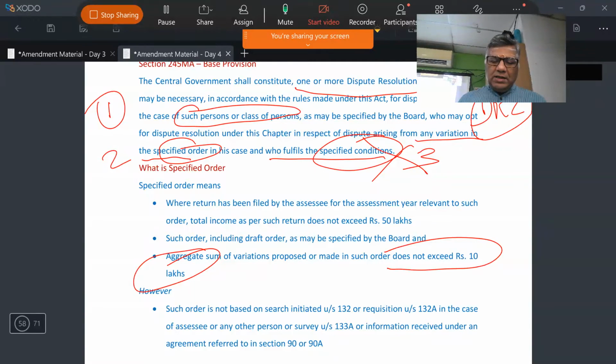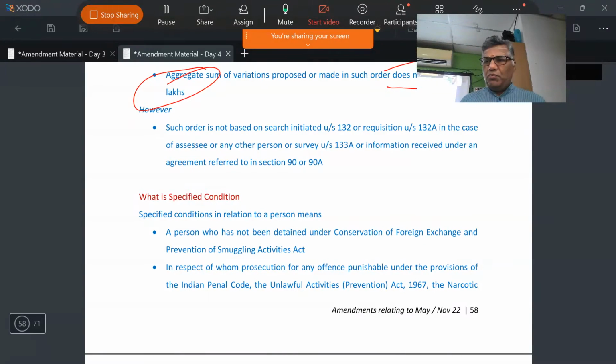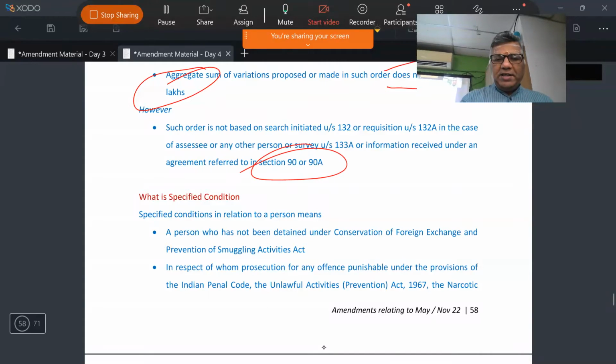An order passed based on a search conducted under 132 or 132A, or survey under 133, or an order passed by obtaining information from outside India. That is DTA 90 and 90A.